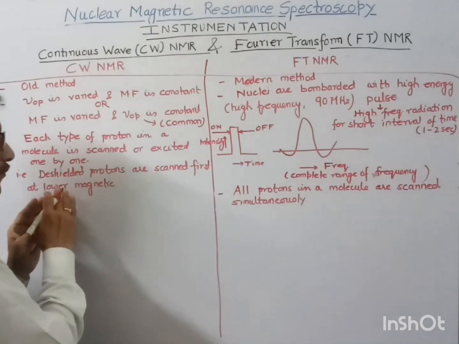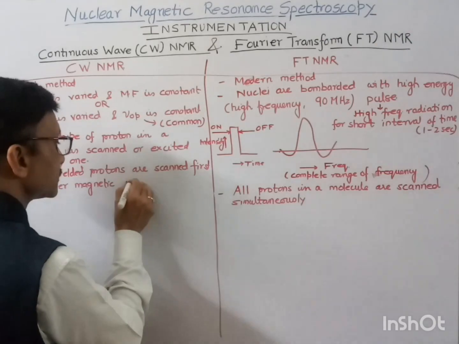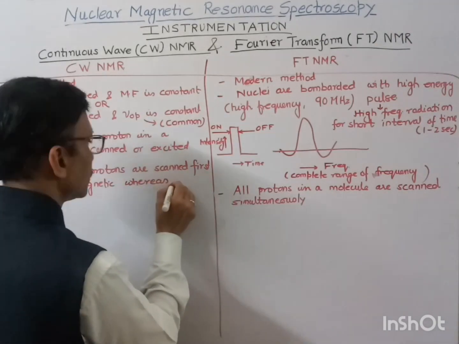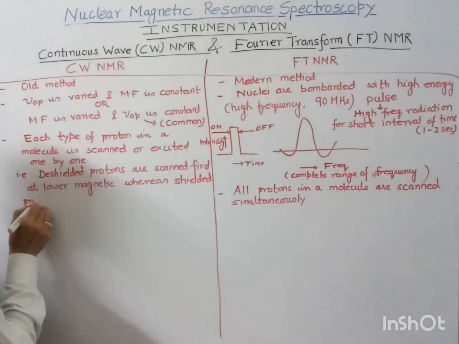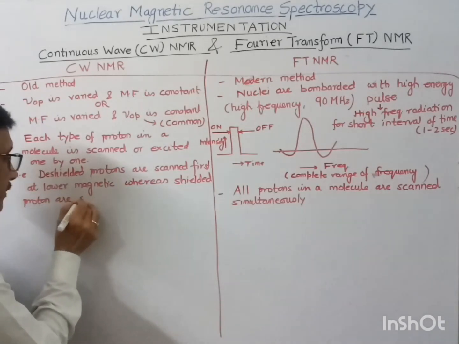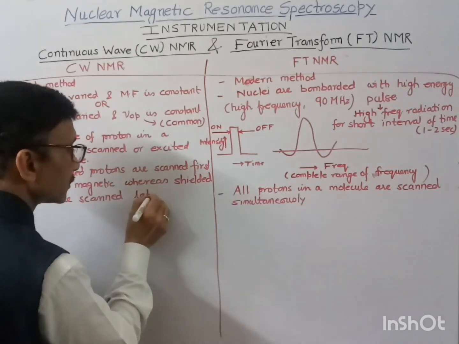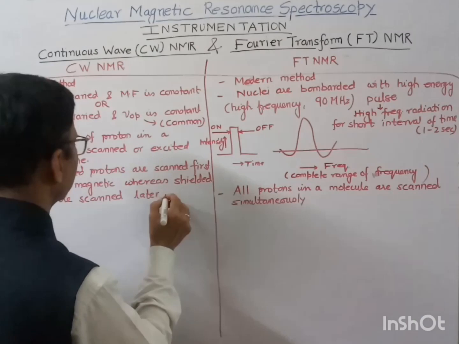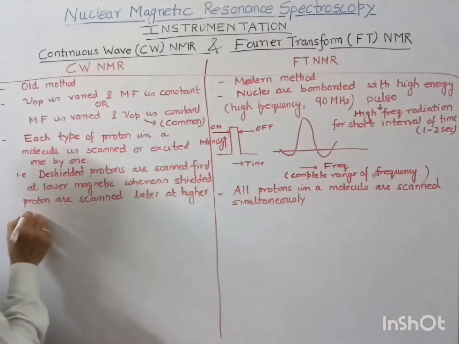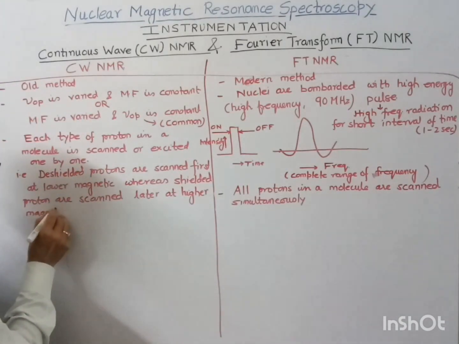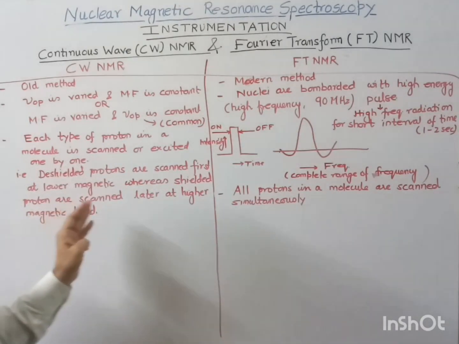At lower magnetic field first the de-shielded protons are scanned, whereas shielded protons are scanned later, at higher magnetic field. Okay, so this is the difference.